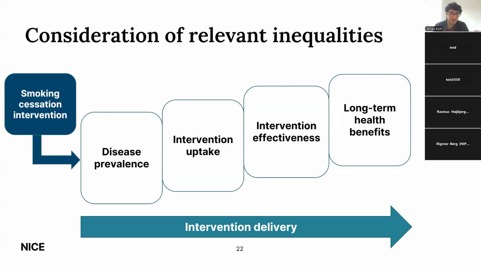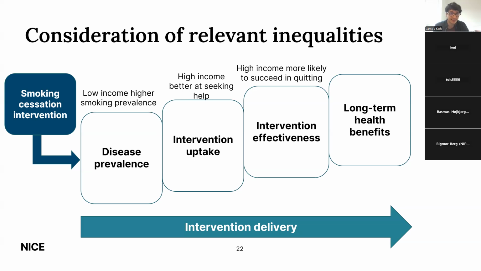Just to give that a bit more weight, let's consider a smoking cessation intervention. For disease prevalence, lower income groups have a much higher smoking prevalence in the UK, and I imagine those trends are fairly common across countries. But when you're talking about interventions to quit smoking, high income groups are much better at seeking out the help, and once they seek it out, they're more likely to succeed in quitting.